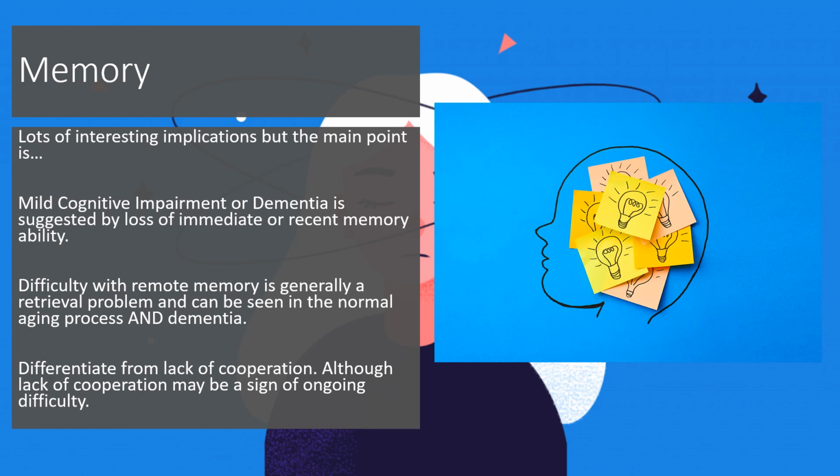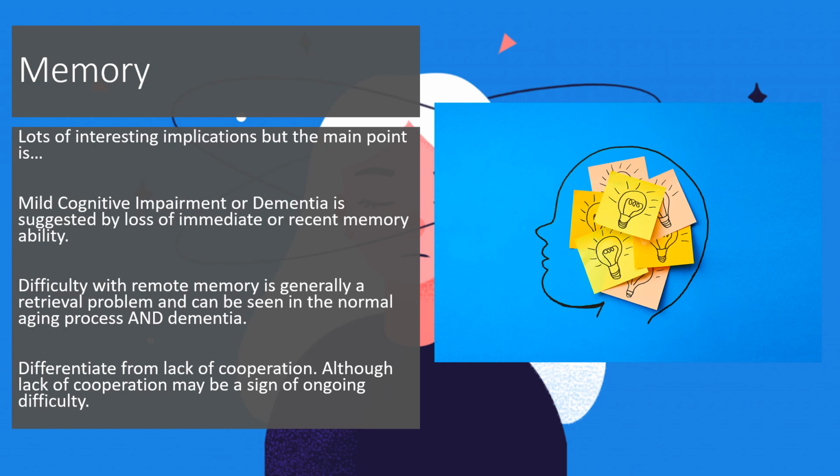So there's lots of interesting things that you can see with memory, but the main thing is that the first 2 types of memory, your recent memory and your immediate memory, those are functional parts of memory. And those are the things that tend to be lost when you have mild cognitive impairment or dementia. Okay?